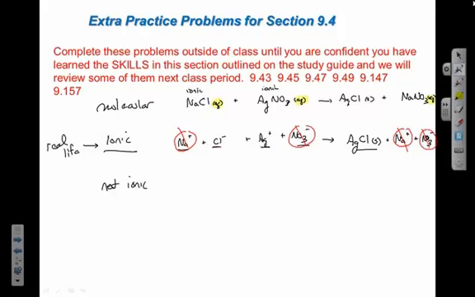So the net ionic equation would just be the ions that are actually undergoing the change, and it would show exactly how they're changing. So they're going from being in solution to sticking together, forming their ionic bonds in the form of a solid. All three of these show the same thing happening. Just three different ways of showing that.